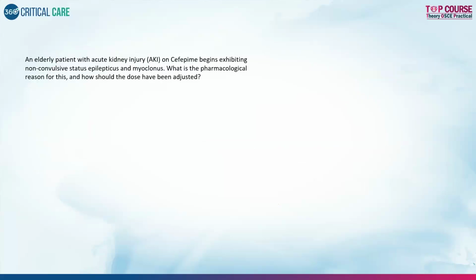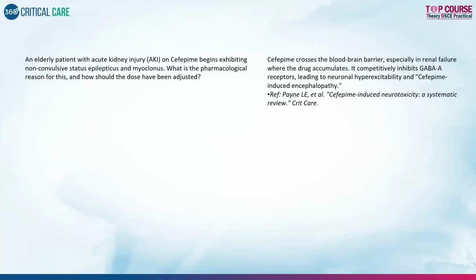Good. So, an elderly patient with acute kidney injury on cefepime begins exhibiting non-convulsive status epilepticus and myoclonus. What is the pharmacological reason for this, and how should the dose be adjusted? Cefepime lowers the seizure threshold, and it needs renal clearance.